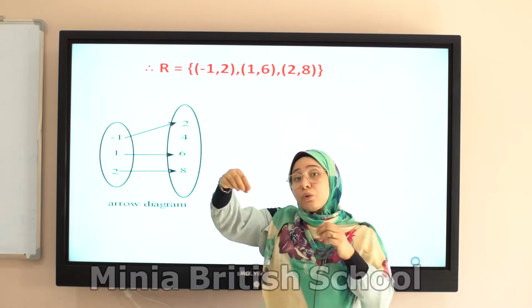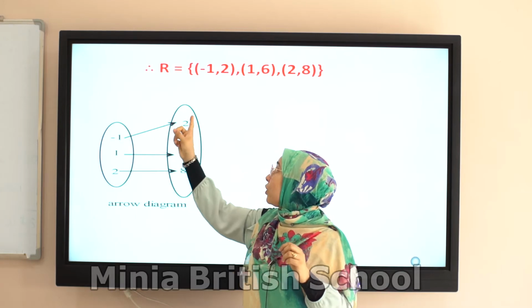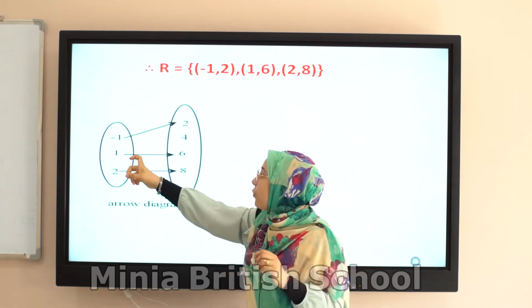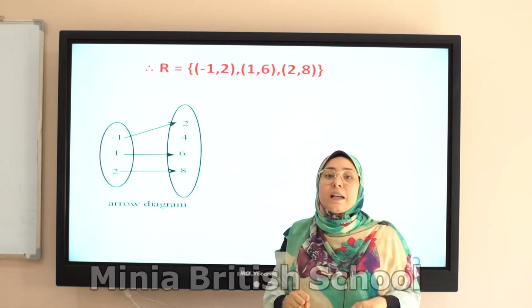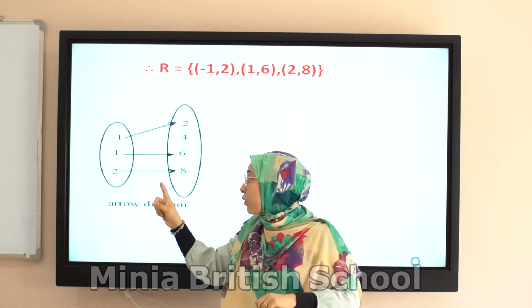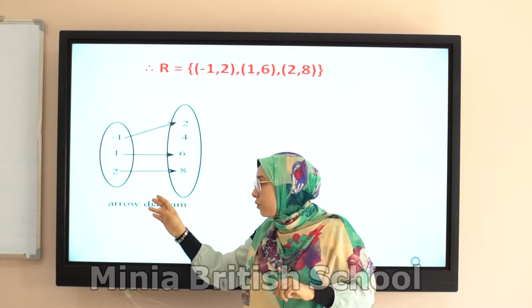So I will draw an arrow from -1 to 2, an arrow from 1 to 6, and an arrow from 2 to 8. This is the arrow diagram.